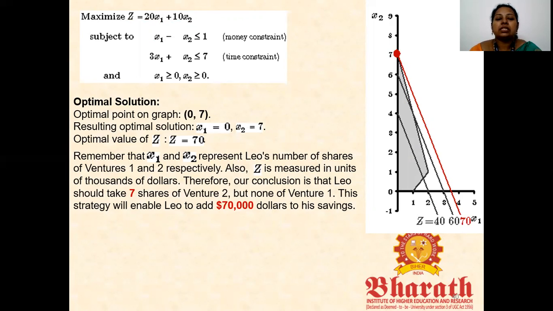Therefore, we can say the optimum solution for this problem is x1 equal to 0 and x2 equal to 7. That is, you select 0 in venue 1 and 7 in venue 2. Then only he gets the maximum profit.